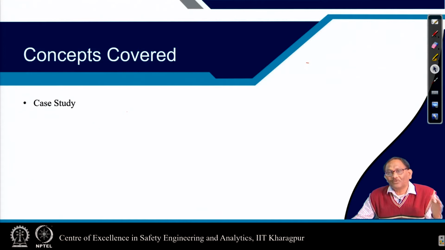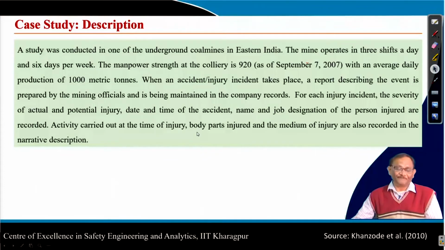There are three issues: growth of the tree, then the stopping, and the prediction. Those things are known to you now. So I want to explain the case first.